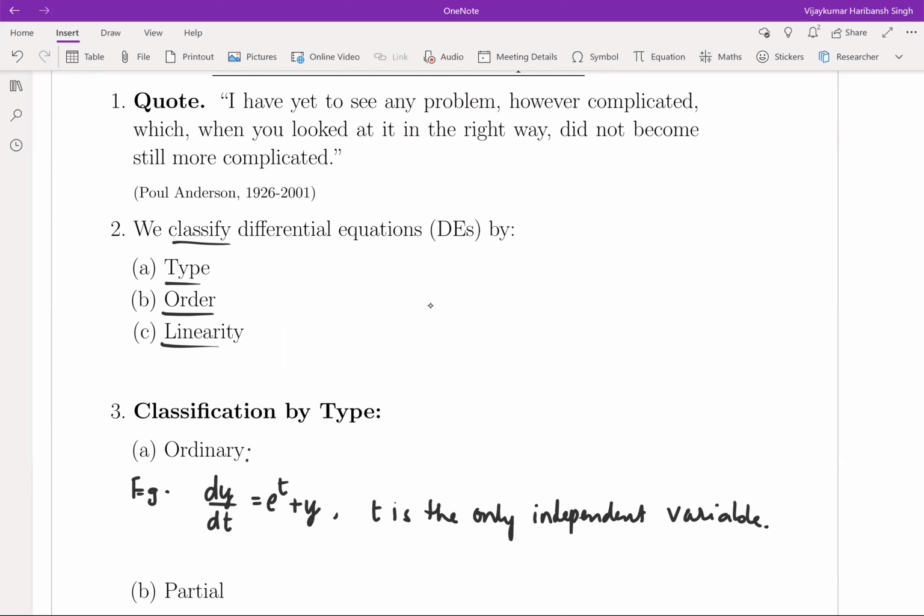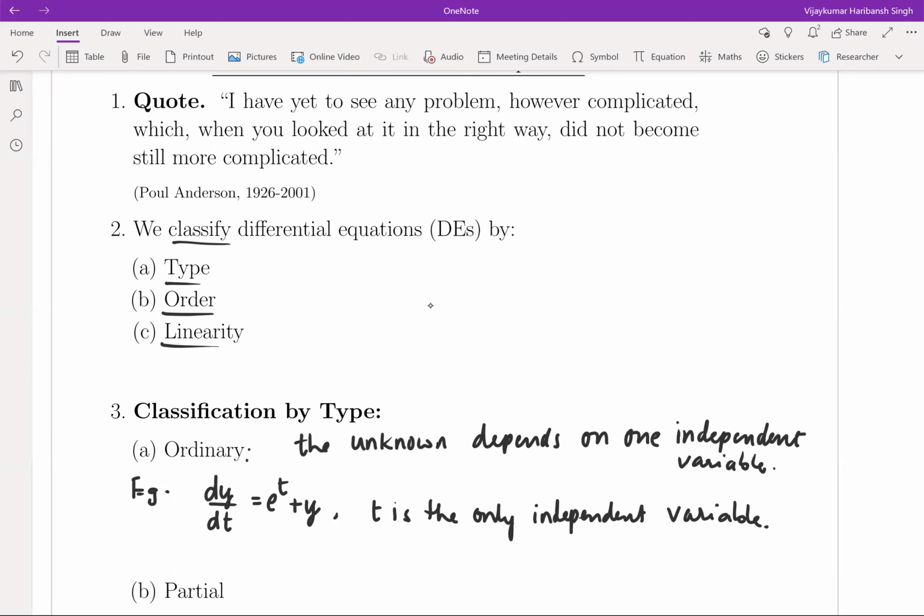The idea behind an ordinary differential equation is that the unknown depends on one independent variable. So we are looking at the derivative with respect to t.